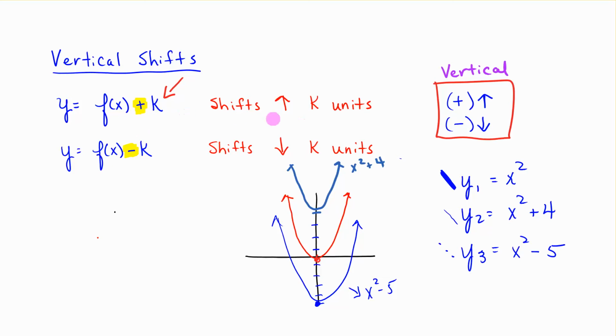If you add, you shift up; you subtract, you shift down. Here's your basic one, that's x squared. X squared plus 4 takes that vertex, shifts it up 4 units, and puts it right there, on that hash mark. X squared minus 5 takes the vertex and shifts it down this way.